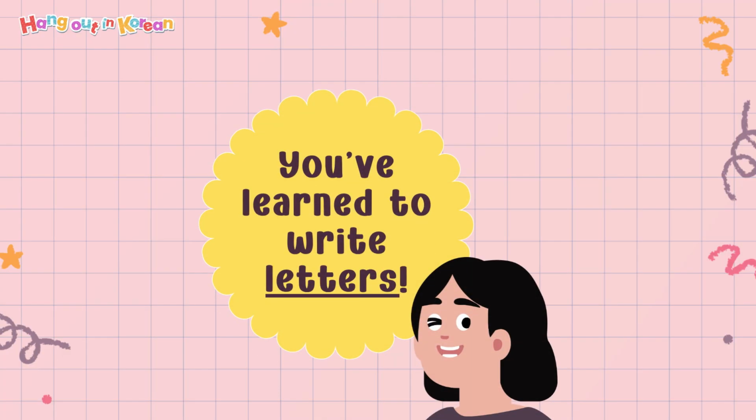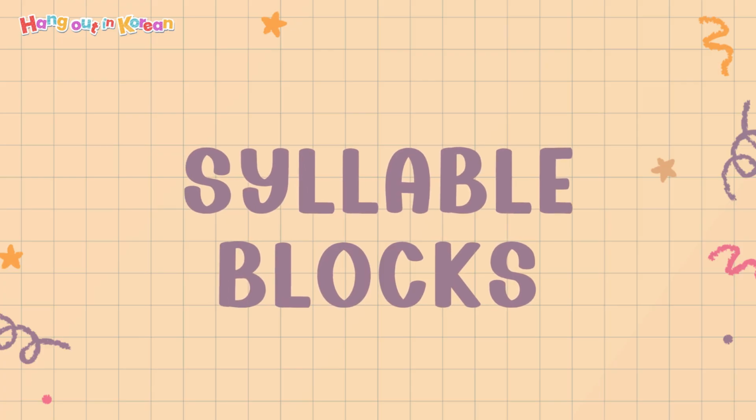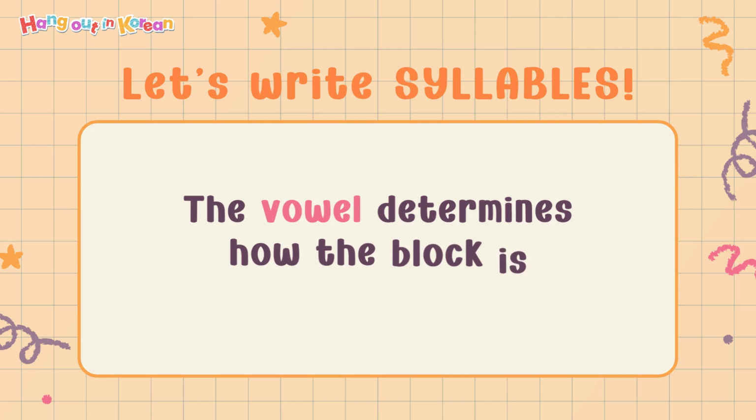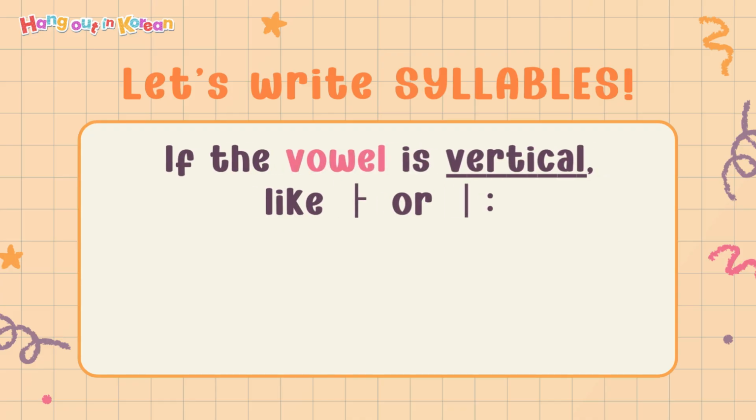Now that you've learned to write individual letters, we can move to combining consonants and vowels into syllable blocks. The vowel determines how the block is arranged. If the vowel is vertical, like a or i, the consonant goes on the left.